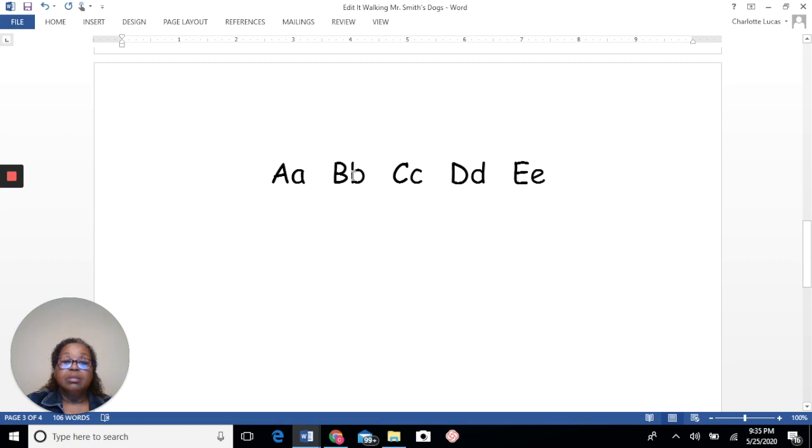Uppercase B, lowercase b, capital B, lowercase b, capital C, lowercase c, capital D, lowercase d, capital E, lowercase e. So capital is just the capital letter that matches the lowercase letter. So we've got to make sure that our capitalization is correct in all of our sentences.